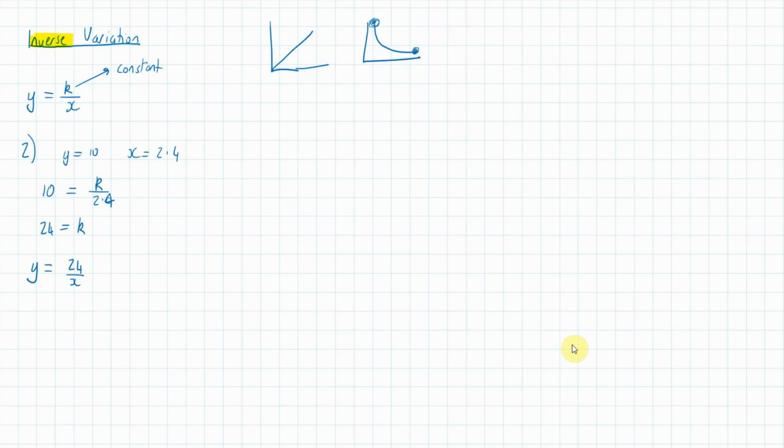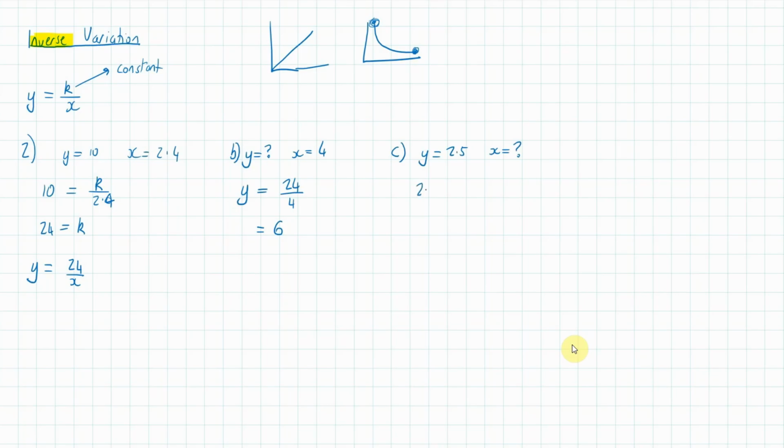Now in part B, I have to find the value of y when x is equal to 4. So all we need to do is put in our equation: y is equal to 24 over 4, so y is equal to 6. For part C, this time we know that y is equal to 2.5, and we want to find what x is equal to.